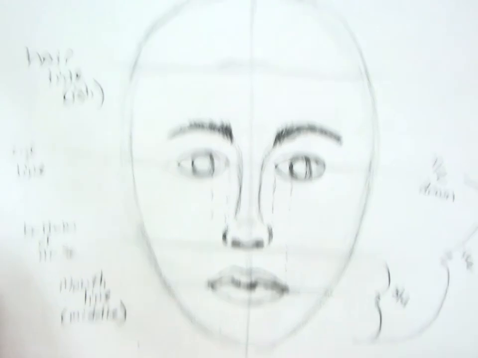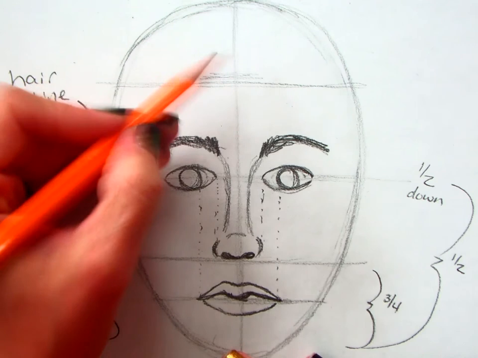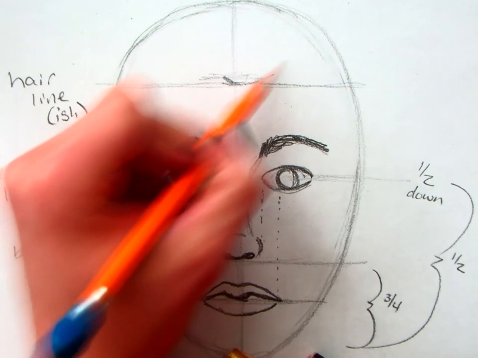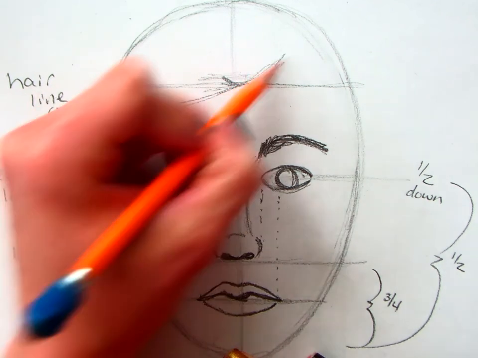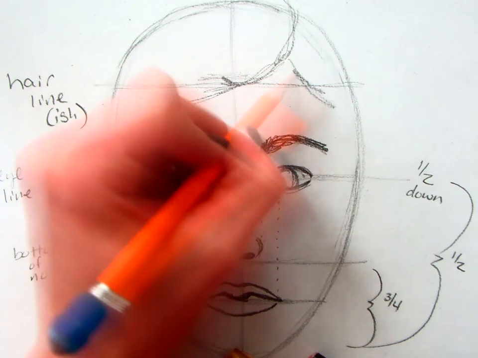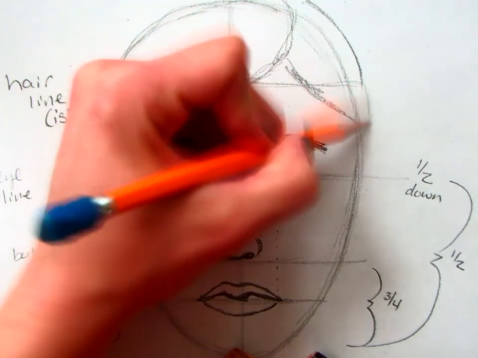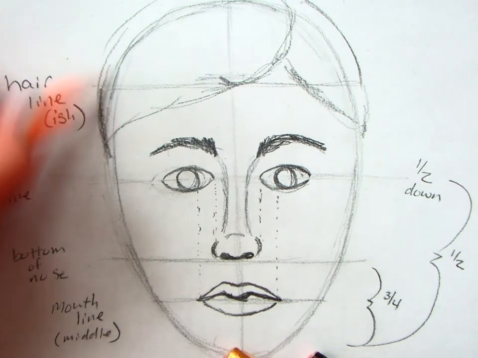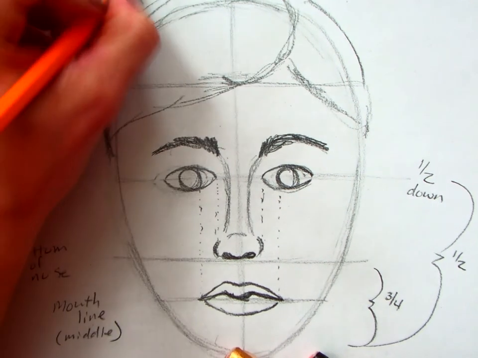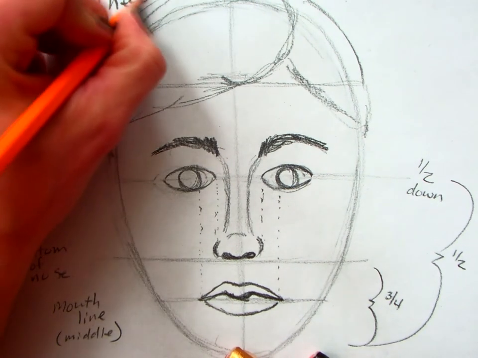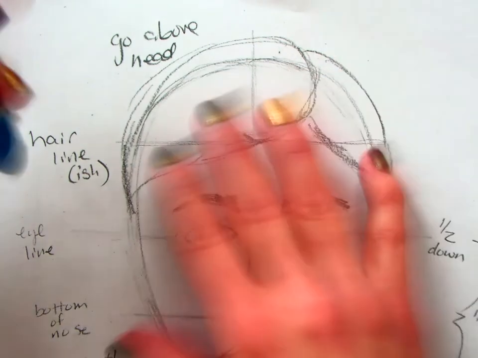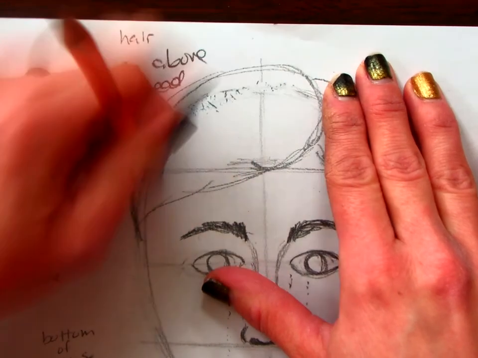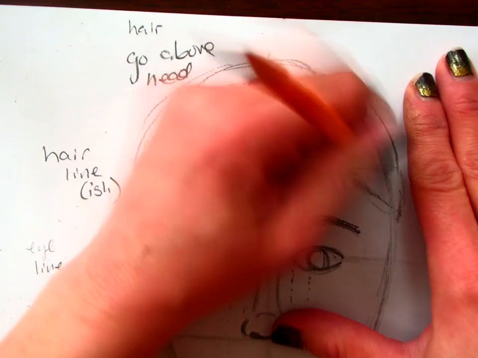Everybody has different hairlines. Some people are balding, some people have that widow's peak, but you can determine where that hairline should start. Maybe I have a part up here, and our hair is going to go up above our head. Okay, go above head. Okay, hair. Because it usually does come up off the top of our head some.